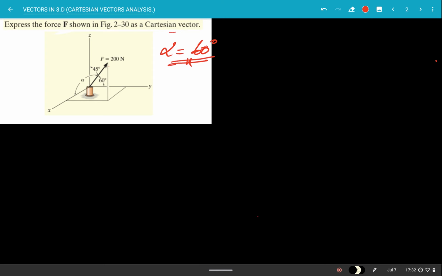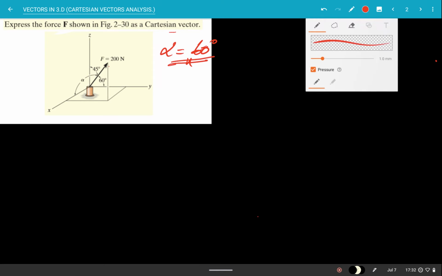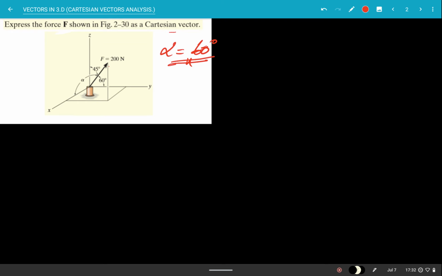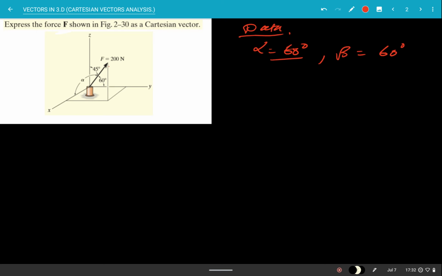Alright, now that we have done that, we can simply understand that our data has the following. Alpha is 60 degrees. Beta, if you remember from what we said, is from y to the force, so that is 60 degrees as well. Then gamma is from the z to the force, which is 45 degrees.